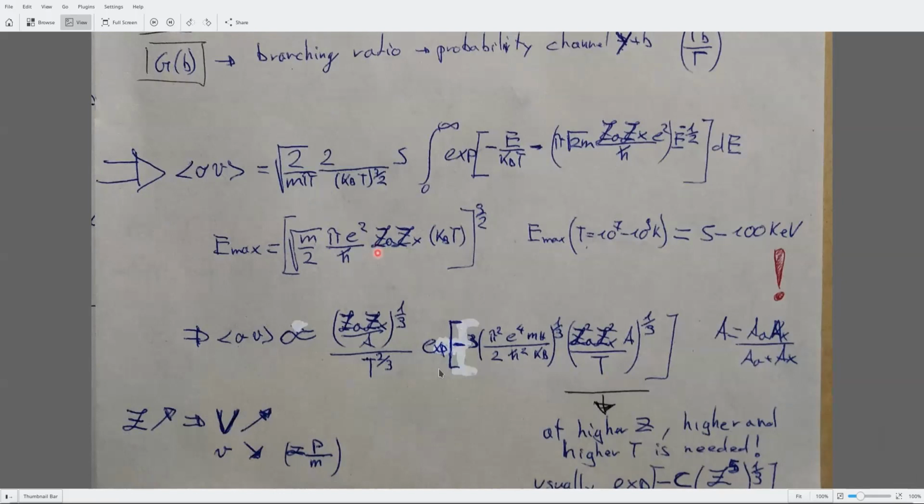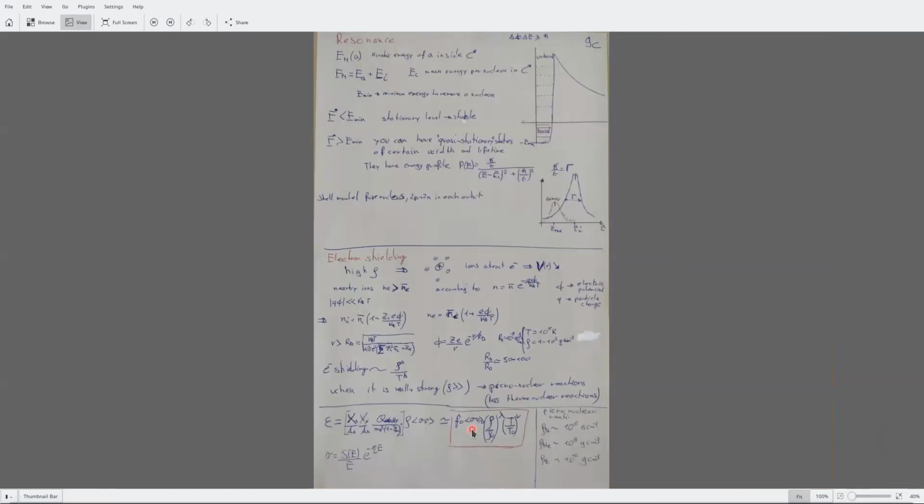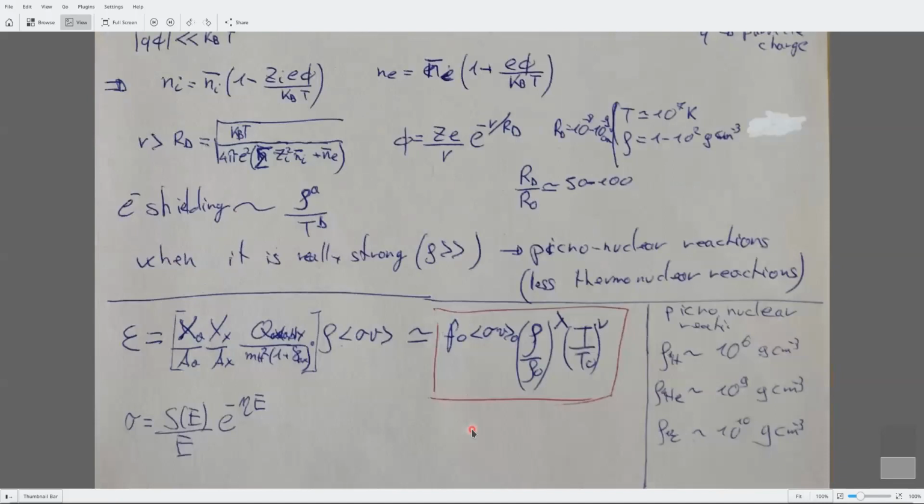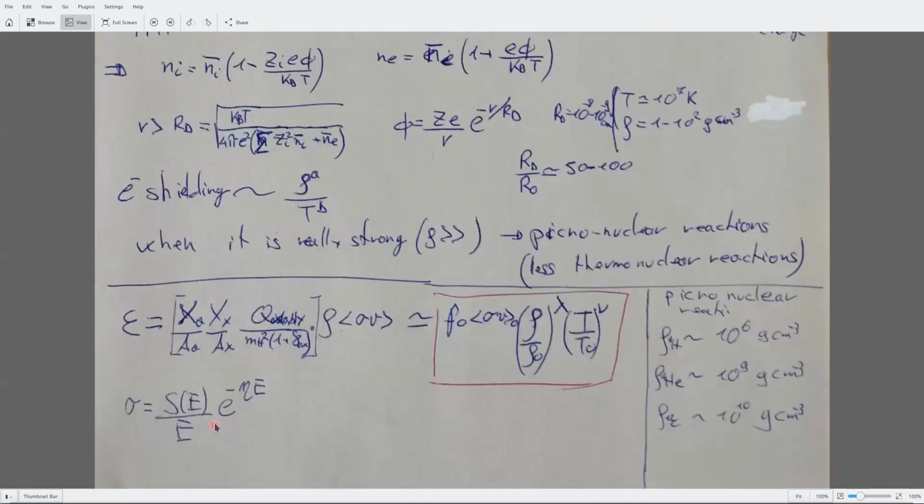The easiest way to calculate everything is that the cross section is written as an S factor, a function that does not depend a lot on the energy, divided by the energy, and multiplied by the exponential part.